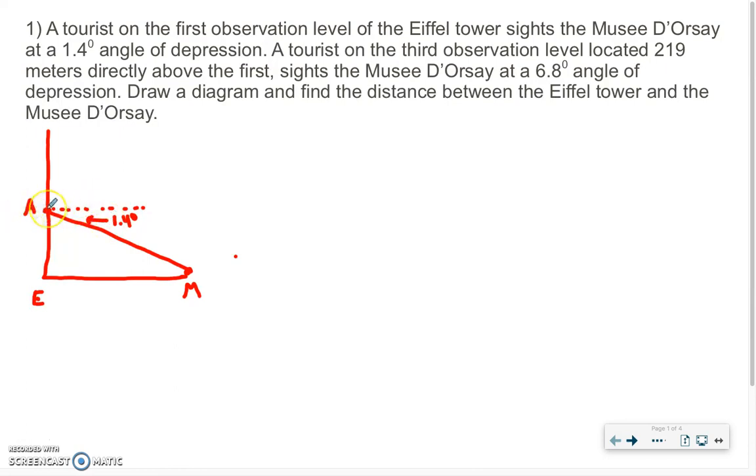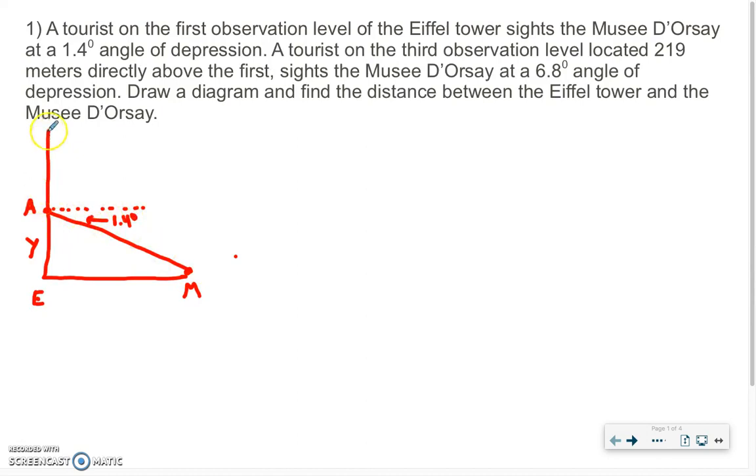So from the first stop, we don't know how far above it is. We just know that from the bottom to the A, we have some unknown distance. So we'll go Y. And that has an angle of depression of 1.4 degrees to the end result.